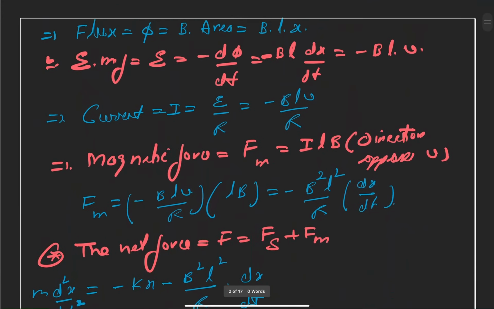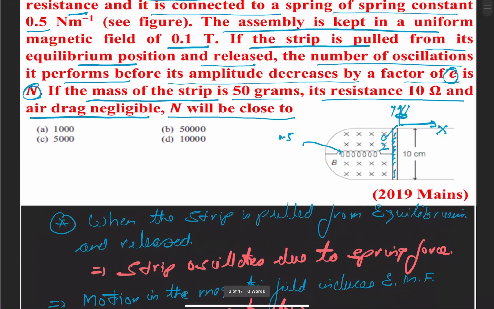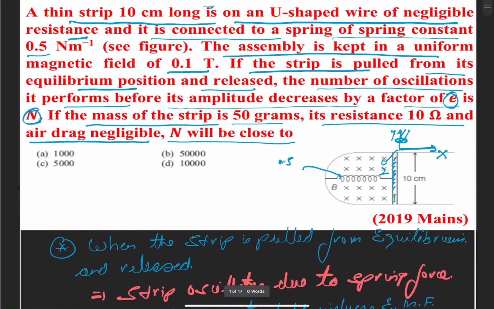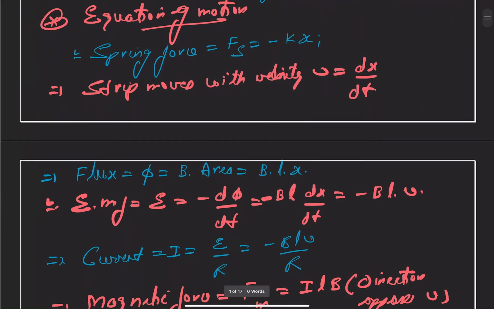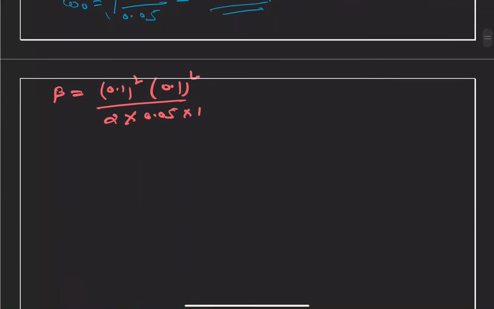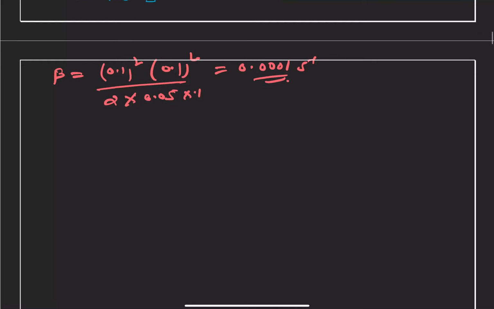Let me check. 10 centimeter. 0.1, and this will be coming close to as 0.0001 per seconds.